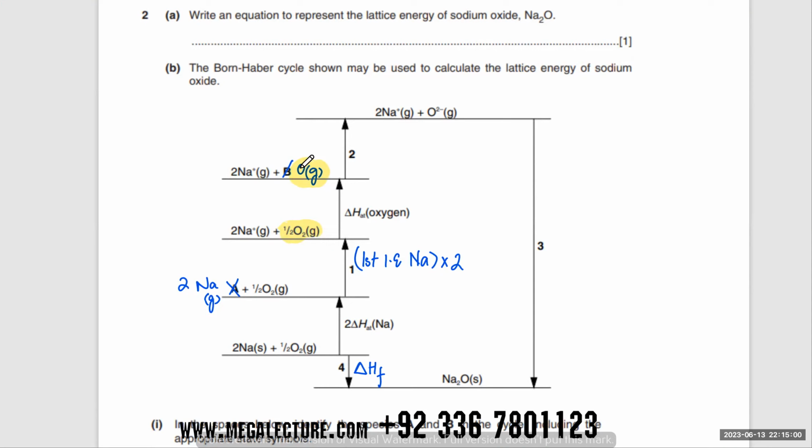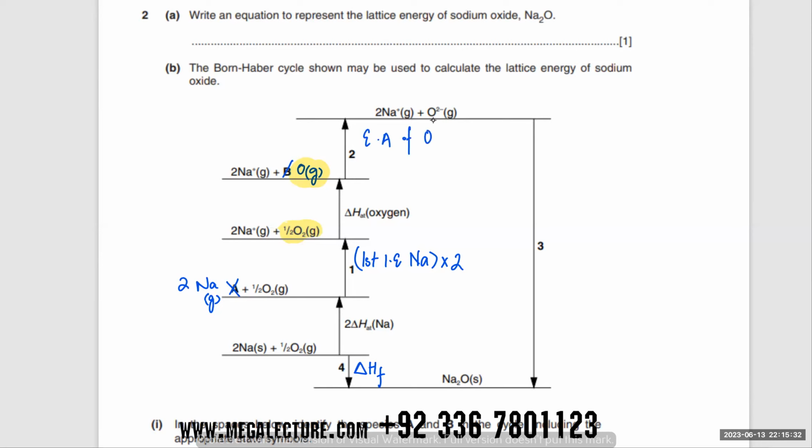So what do you think 2 is? What happened when you go from this to this point? Is it oxygen gaining 2 electrons? So what is that called? Is it electron affinity? Yeah, that's electron affinity. That's the first and second electron affinity of oxygen.